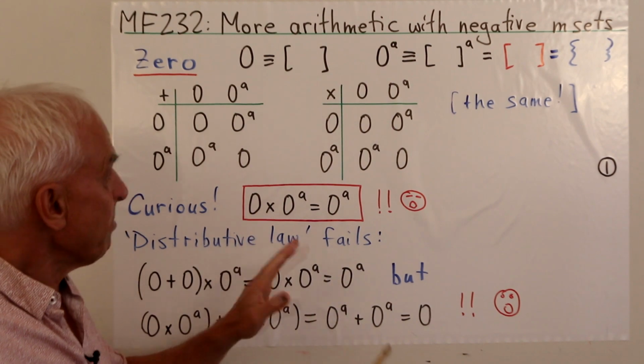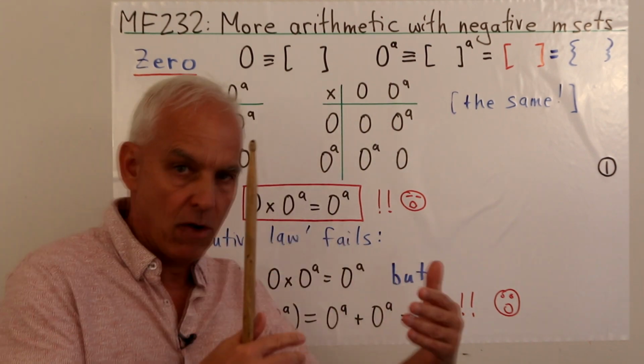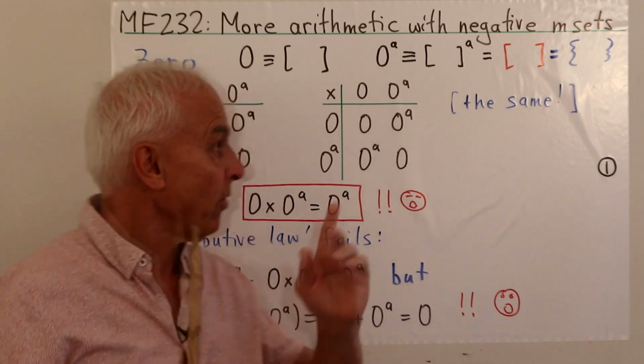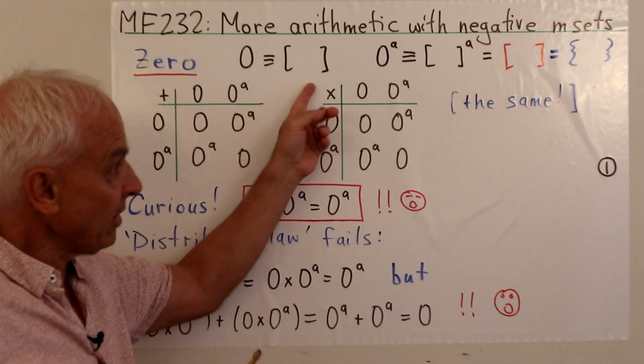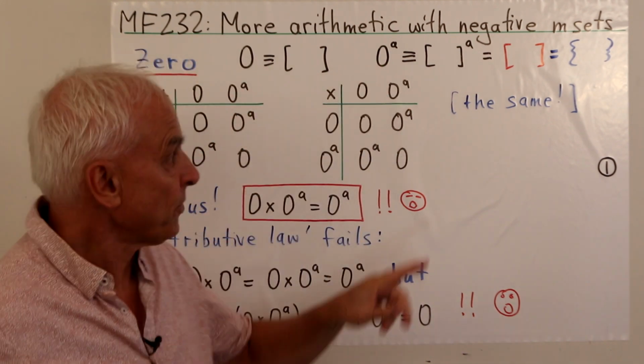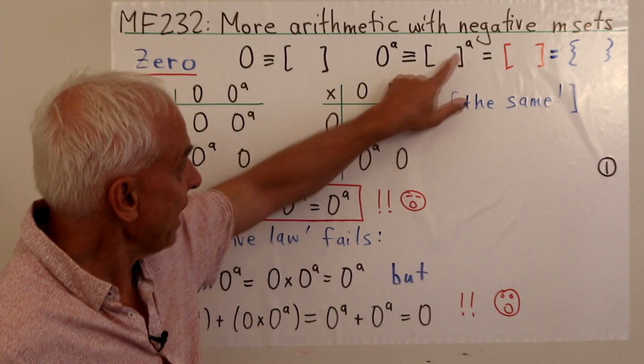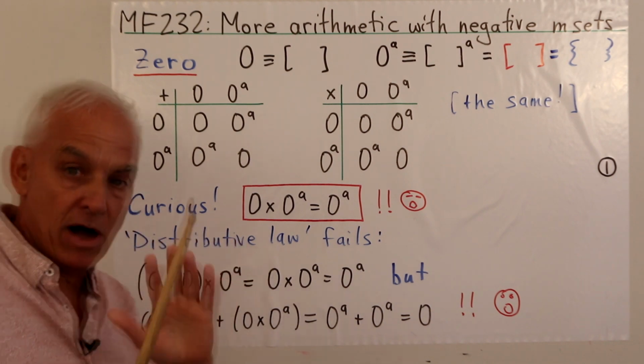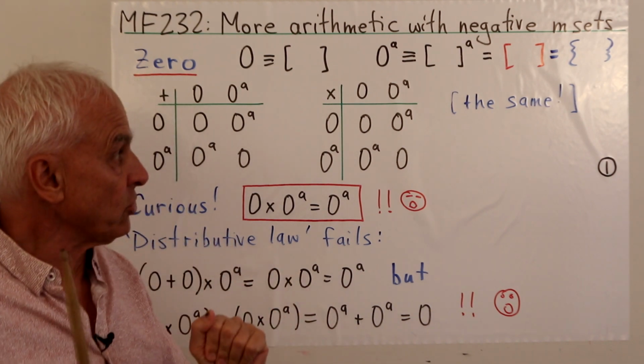Okay, so let me just remind you that the setup is that we're starting now with our zero world consisting of two objects, not a single zero, which is the empty mset, but also the anti-zero, denoted with the same notation but with a superscript a. And I'm also going to introduce some possible variants that we could use in some situations.